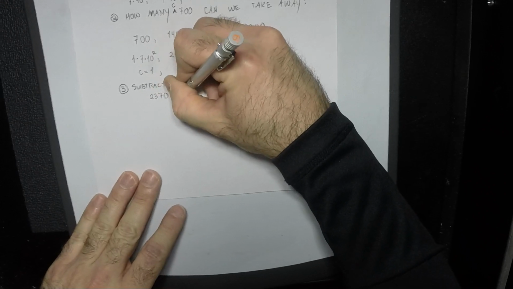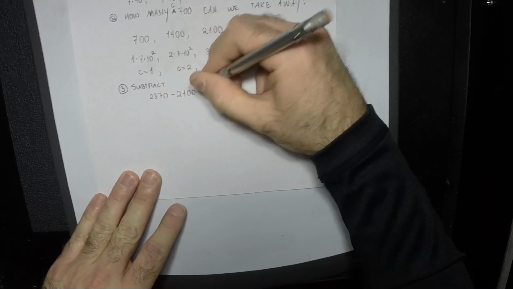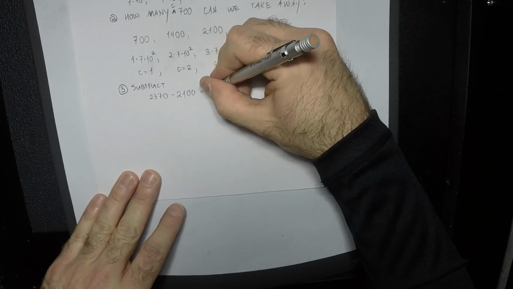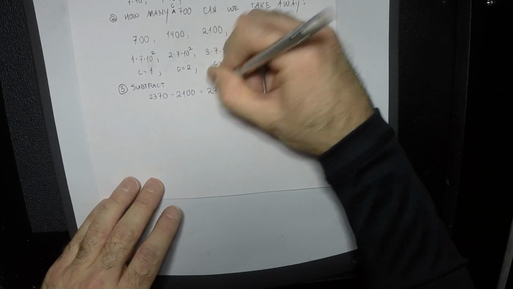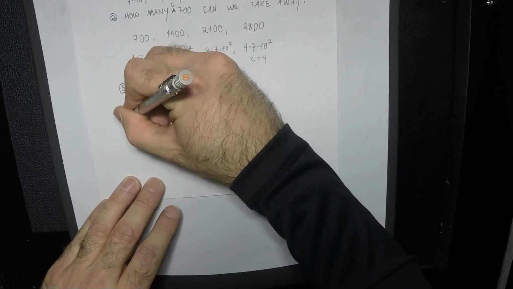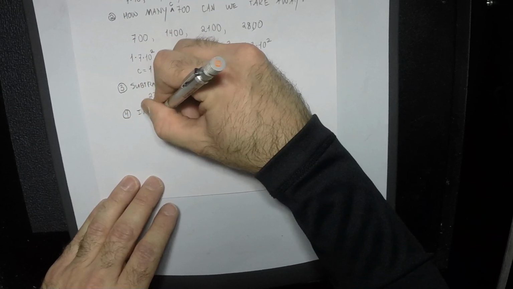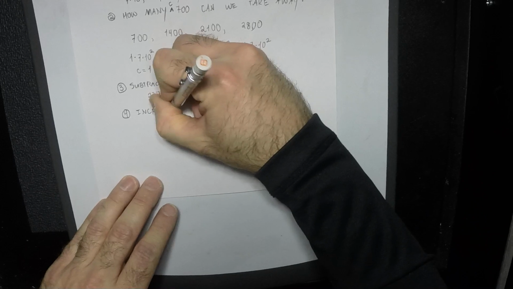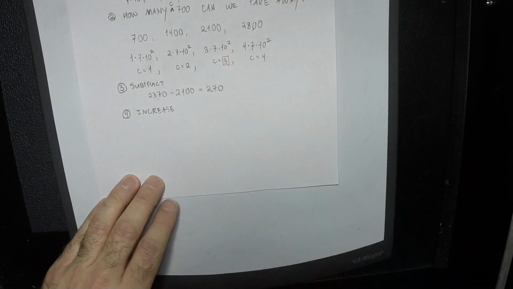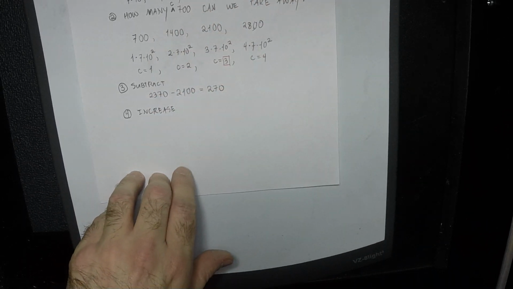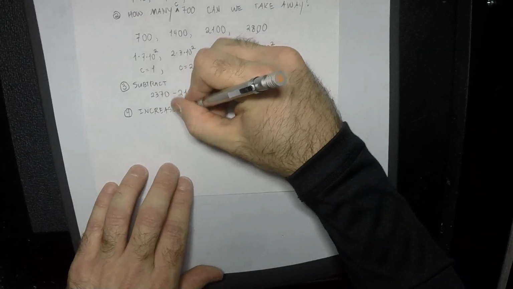So we get 2370 minus 2100. The new result is 270. And now we're going to increase the quotient. Wait, you said increment. Do you mean decrement? The quotient is going up. Oh, okay.